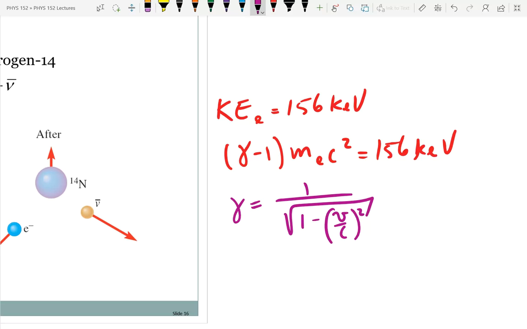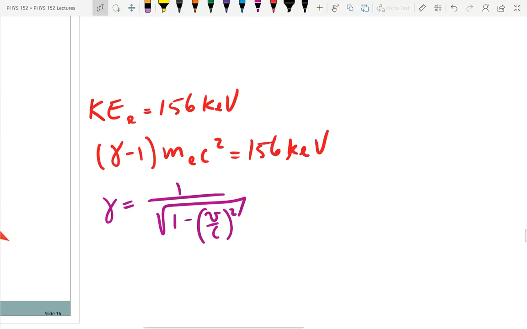So now, Corso, how do I solve for gamma minus 1? Because you'd already said this, that's why I called in. From this equation here, how do I solve for gamma minus 1?